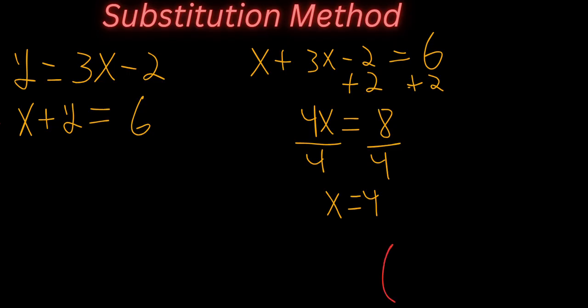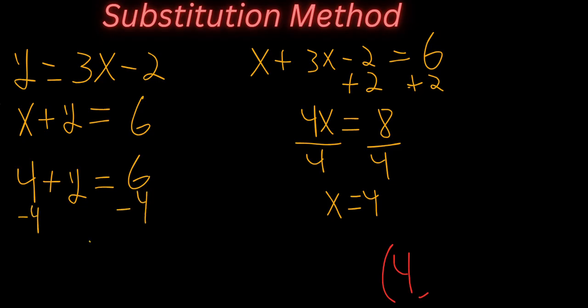Now we can plug that back in. So 2 plus y equals 6. We subtract 2 from both sides, and we get y equals 4. So our solution is 2 and 4. Let me erase this and put another one up for you.